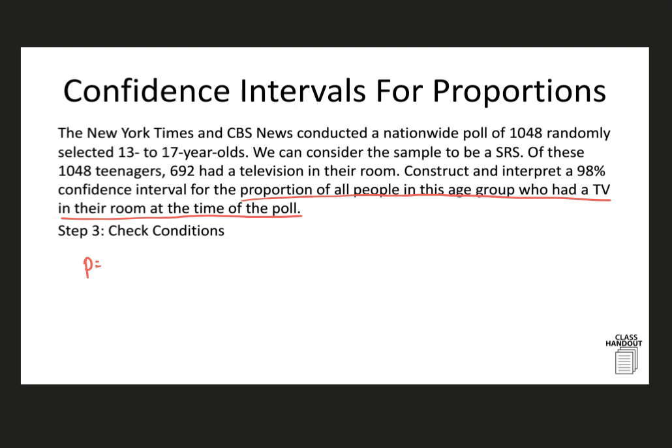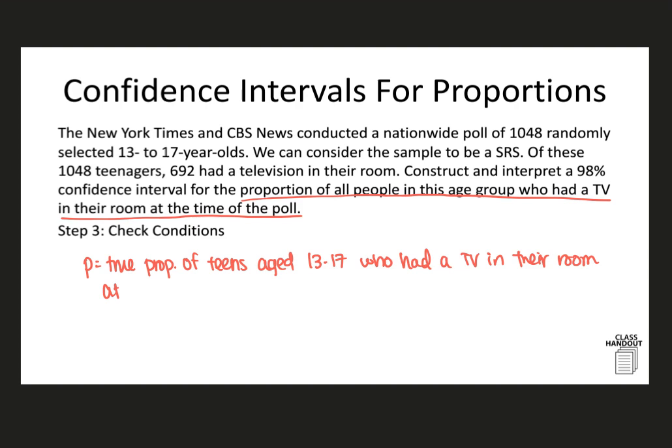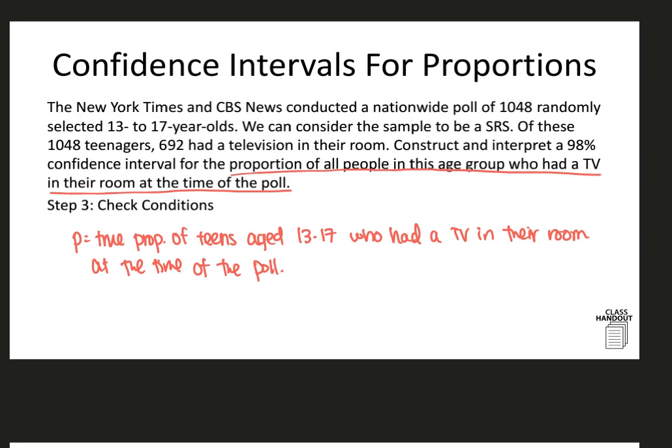So I'm going to define p as the true proportion of teens aged 13 to 17 who had a TV in their room at the time of the poll. In this step, we're just defining the parameter in words. I just realized I was on the wrong slide, so this is actually step two. Define parameter.